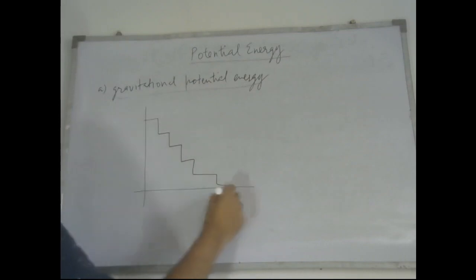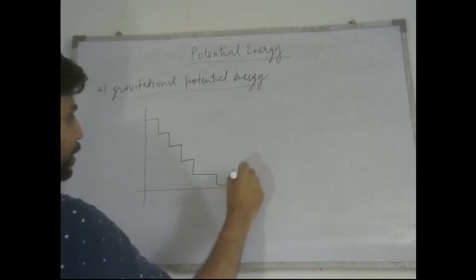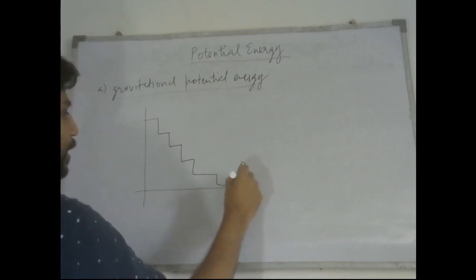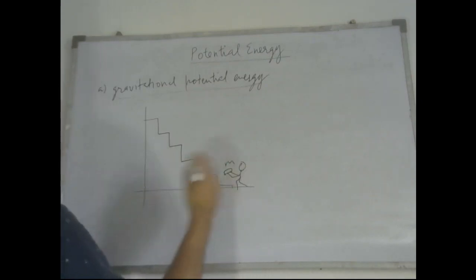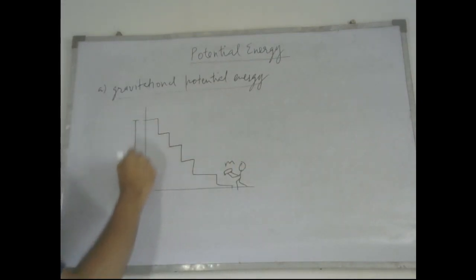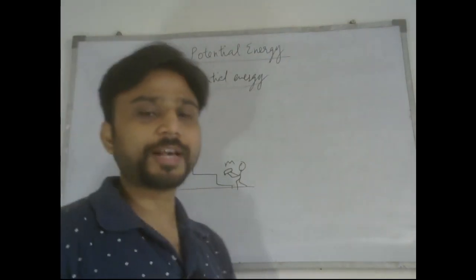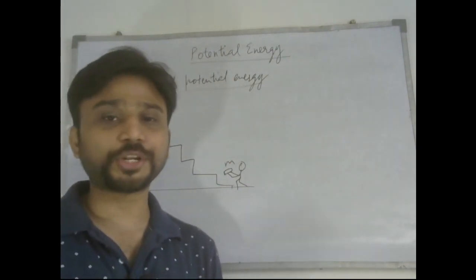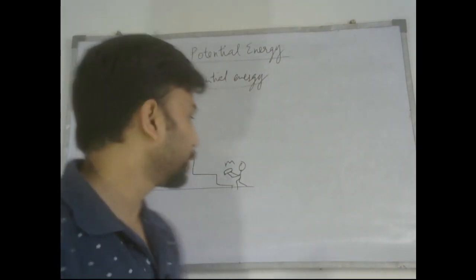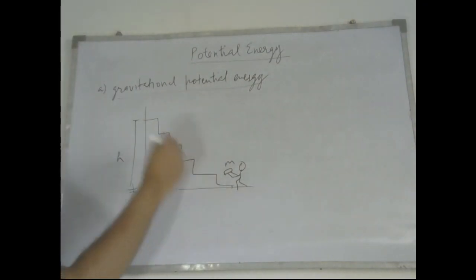We have a staircase and there is a person who is carrying some mass. He is currently at the bottom of the staircase and he can take the mass to the top of the staircase, which is at a height h, in two ways. He has to take two different paths so that we can verify the idea that the change in potential energy is always mgh.